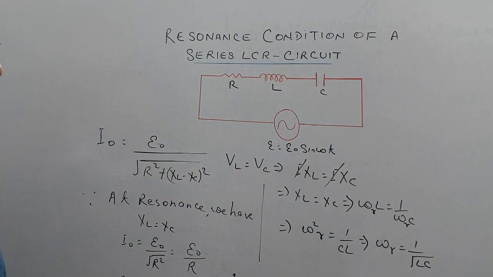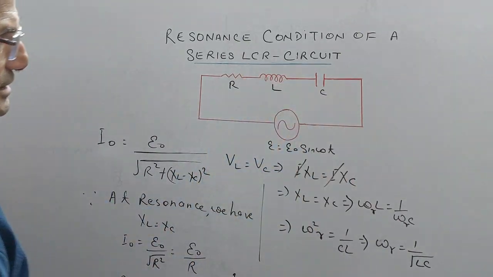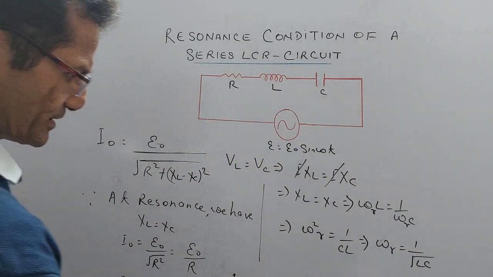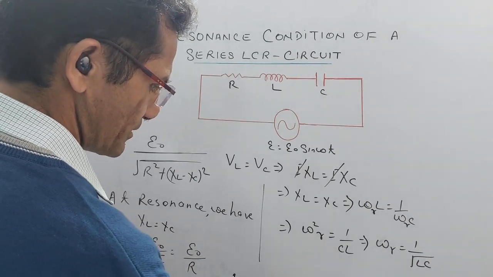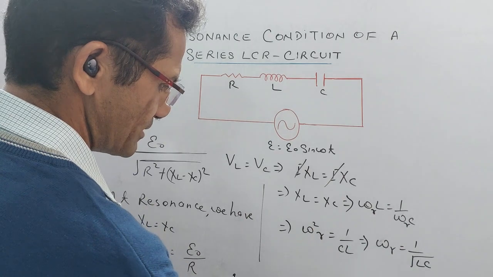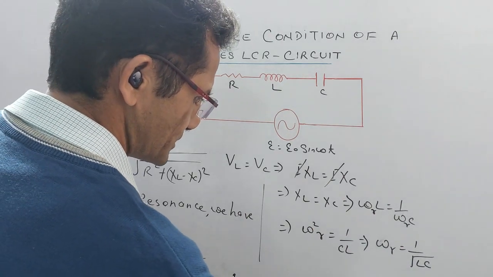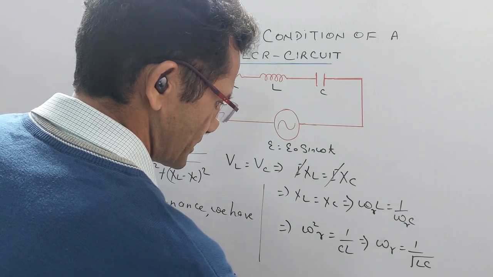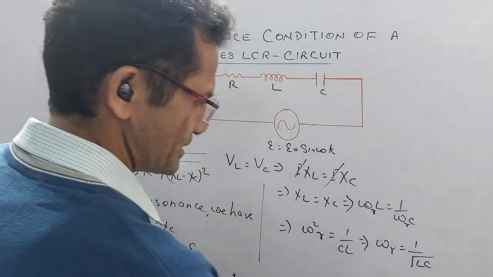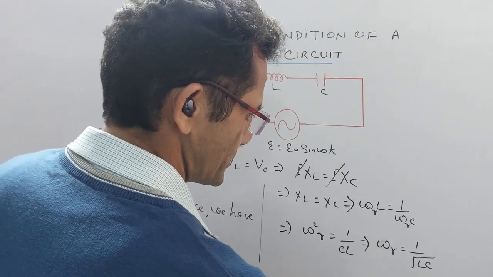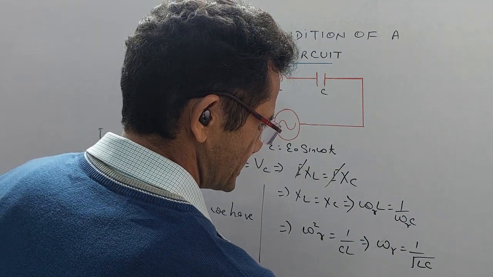There are many applications of this resonance condition. We know that at resonance, omega r is 2 pi times fr, and omega r is 1 upon root LC. From here I find the resonance frequency fr is equal to 1 upon 2 pi root LC.